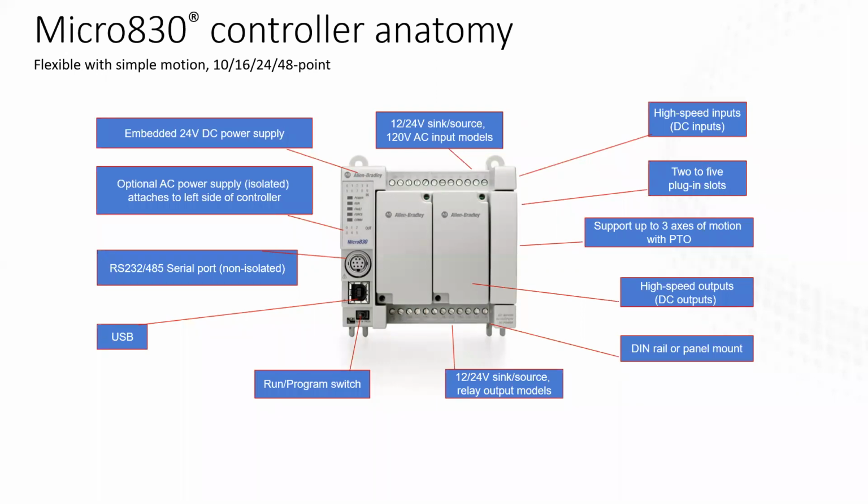And there is an isolated serial module that you can add on one of the pluggable slots for the 820 or the 830, if you need an additional serial. So again, this is really just your very entry level motion controller, the 830. We don't sell a lot of those here, mainly because it doesn't have any Ethernet IP, so no Ethernet network capability.